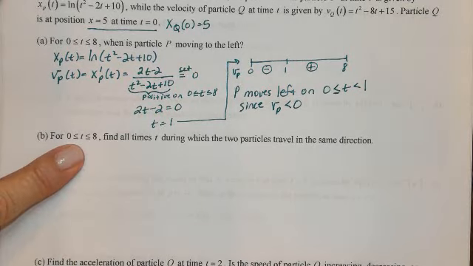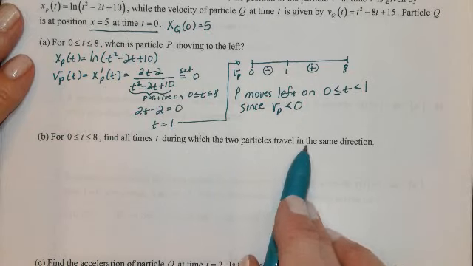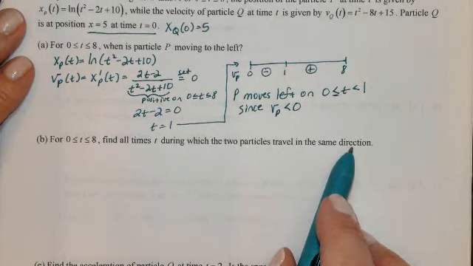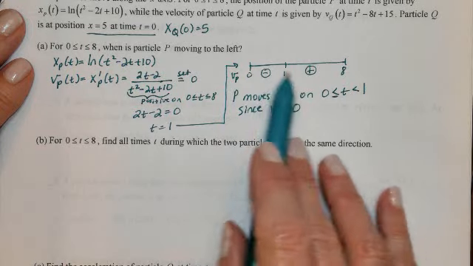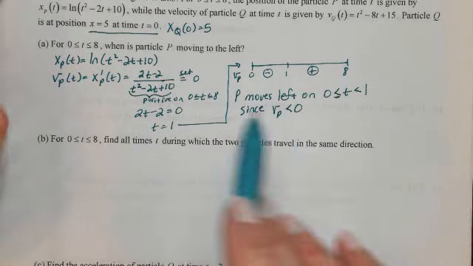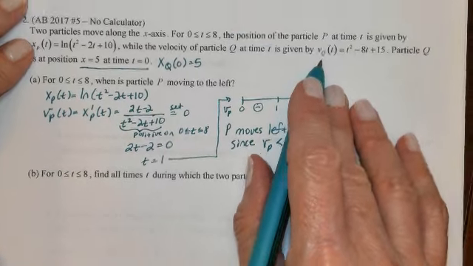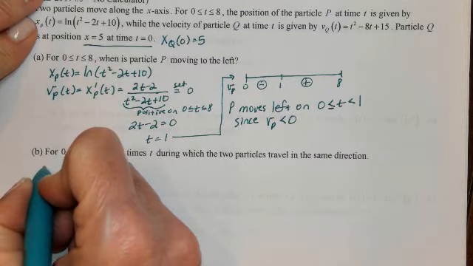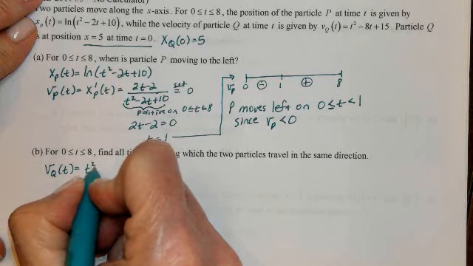For the same time, 0 to 8, find all the times during which the two particles travel in the same direction. Well, they travel in the same direction where we can do a sign chart for both of them and analyze how they're traveling. So I'm going to pull up my velocity for q. The velocity for q is this equation.